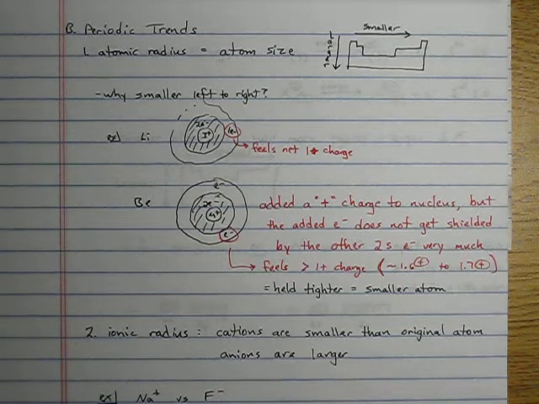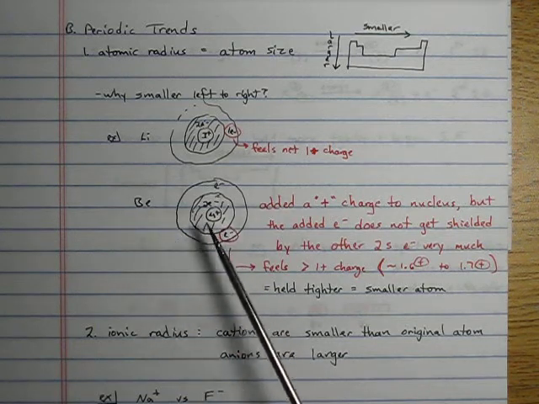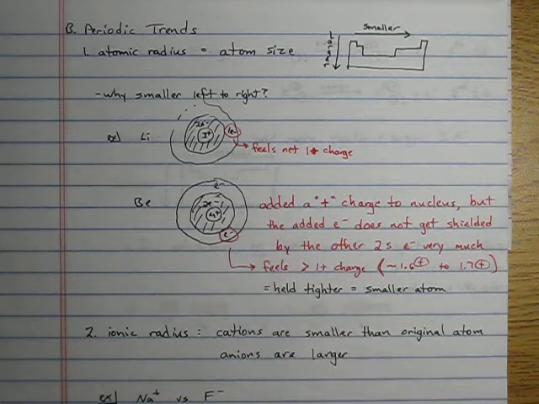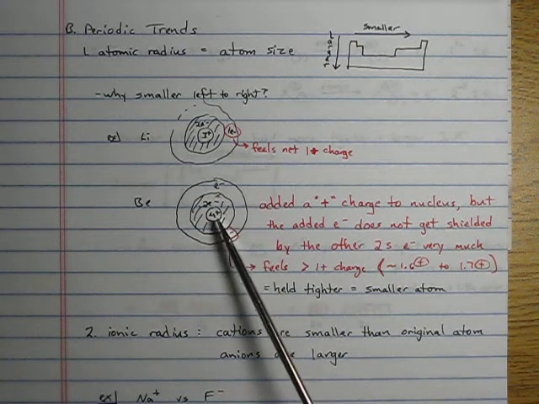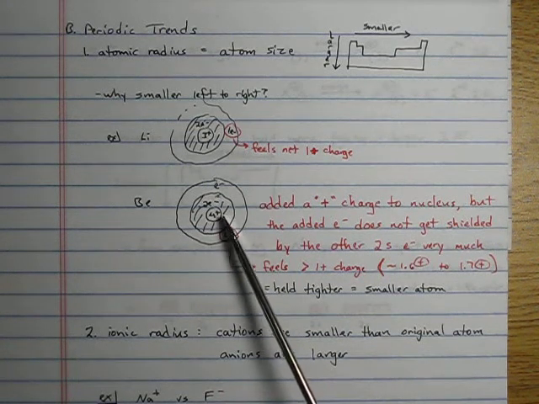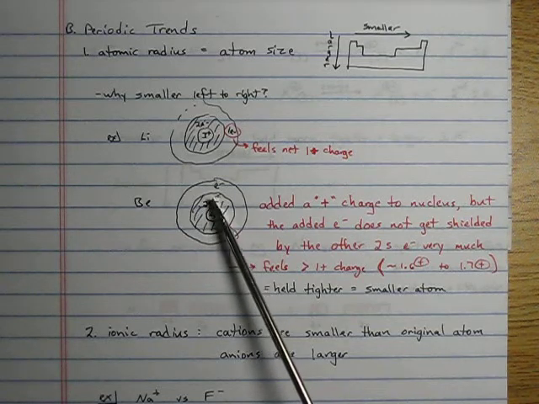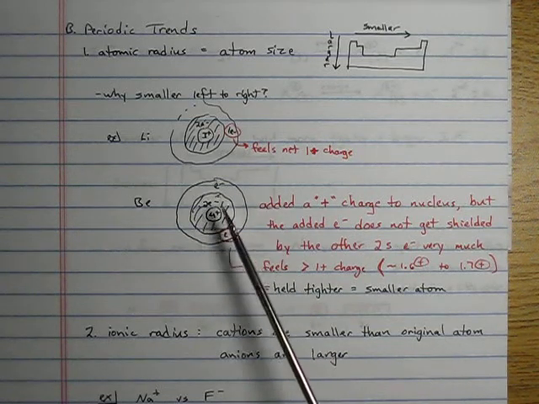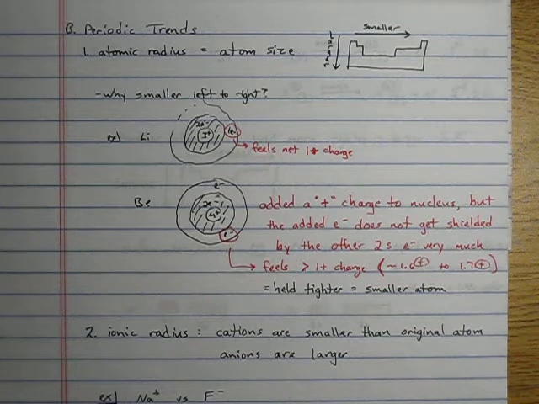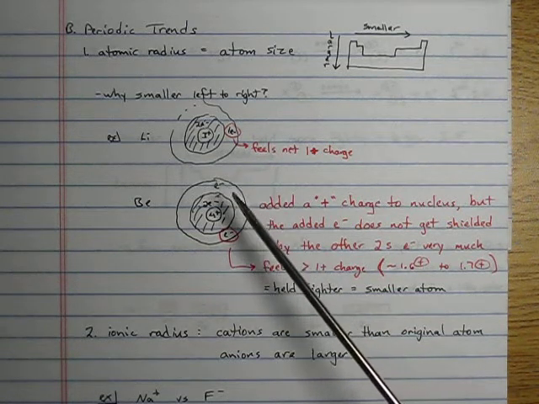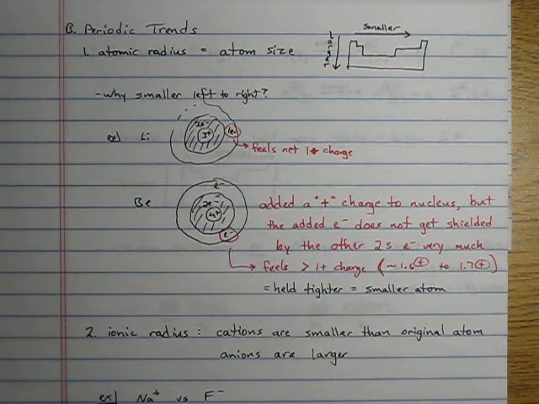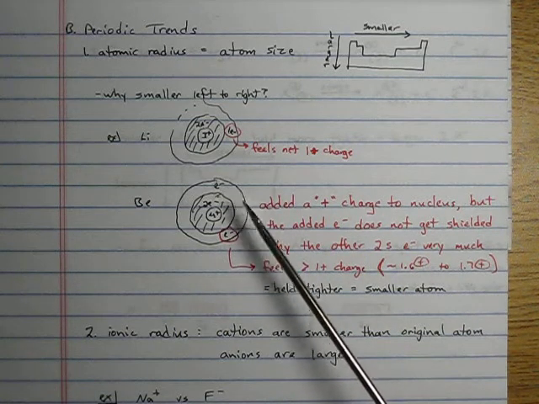It is directly to the right of lithium. And beryllium has 4 protons in the nucleus, 4 electrons in a neutral beryllium atom. But look what happens. We have our 4 protons in the nucleus. We still have the 2 electrons in the 1s orbital, effectively shielding 2 positive charges away from these 2 valence 2s electrons. However, here are 2 valence 2s electrons.